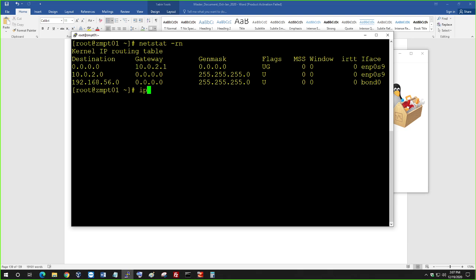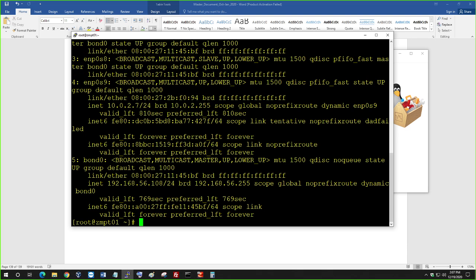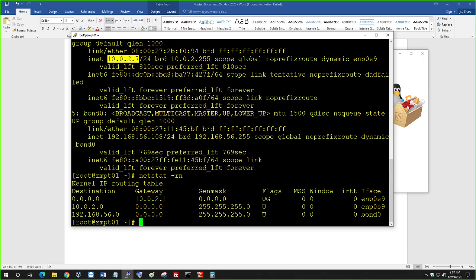If I do ip a, 10.0.2.7. Okay, so yes, the information is right. The gateway is 10.0.2.1 for the NAT network we have here.